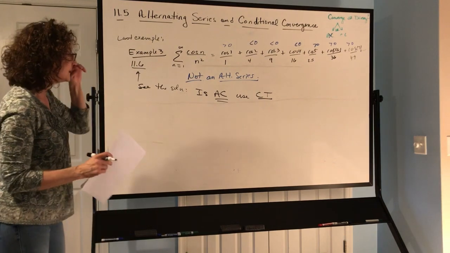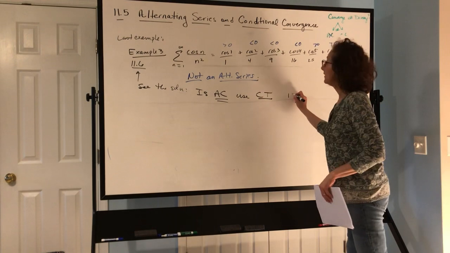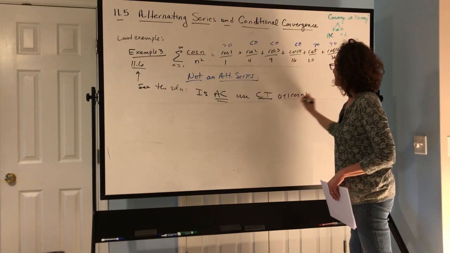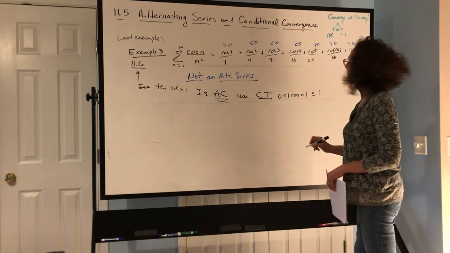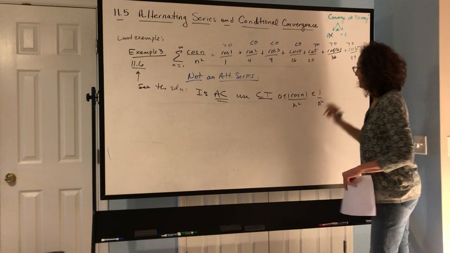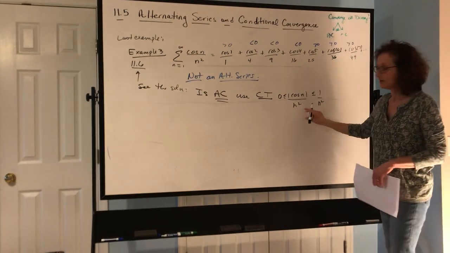Maybe you already see what we need to do, because I know that the absolute value of cosine of n is always bigger than or equal to 0 and less than or equal to 1. And therefore, that over n squared is smaller than 1 over n squared, and we know this is a convergent p-series, so that guy converges.